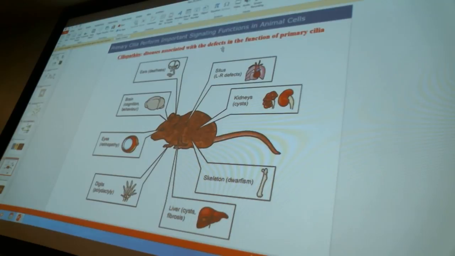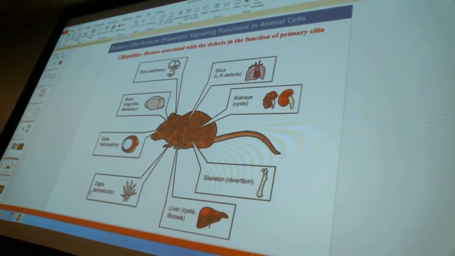There's a whole slew of so-called ciliopathies, the diseases that are associated with problems or defects in the function of these primary cilia in various cell types within humans. As you can see, the defects are quite broad.